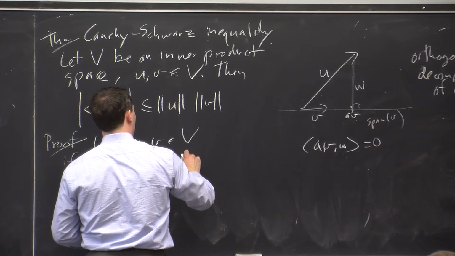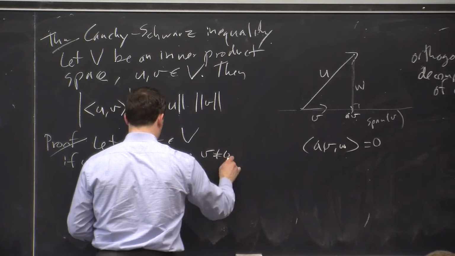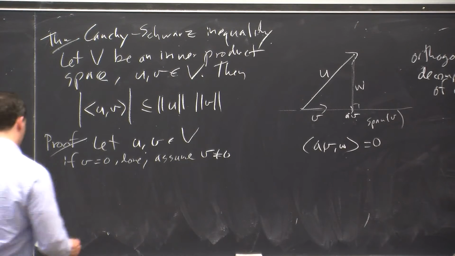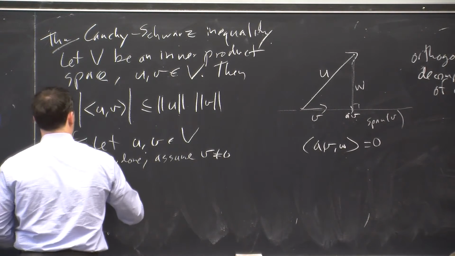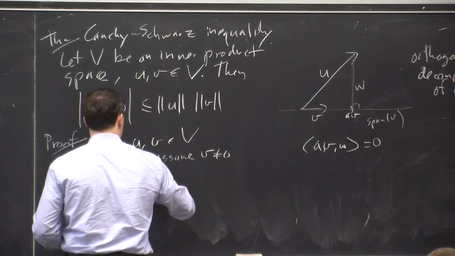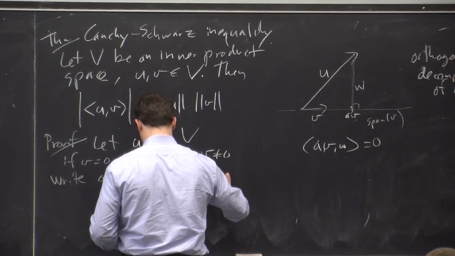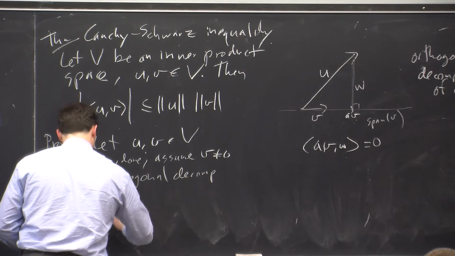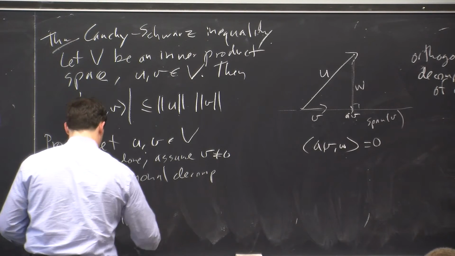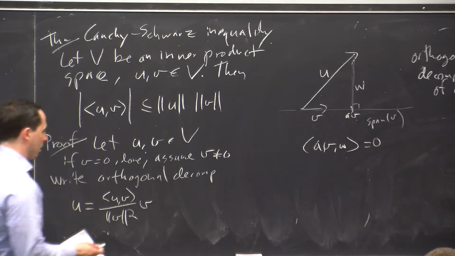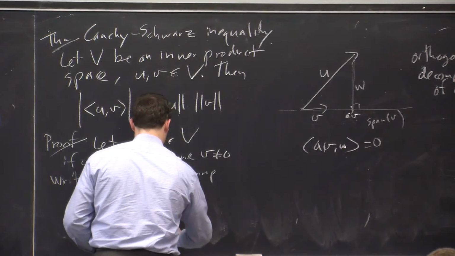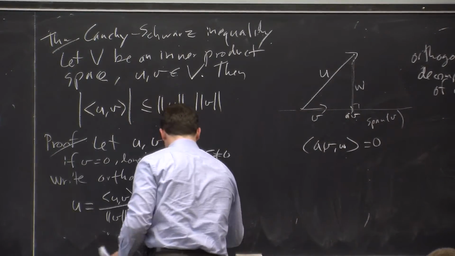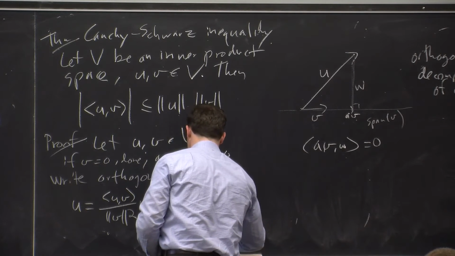And so assume that v is not 0. Assuming v is not 0, we're going to be able to do this, right? So write the orthogonal decomposition of u: the inner product of u and v scaled by the norm of v squared times v, so the v part, plus the w part, where w is just what it was before. w is this guy here, u minus the v part.